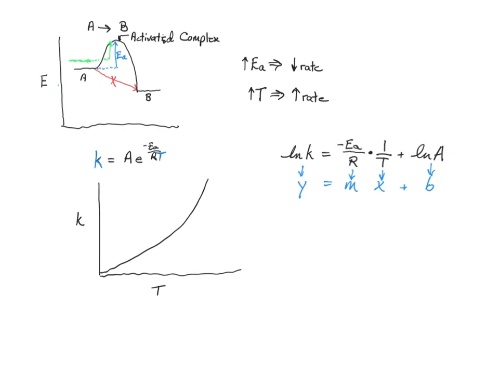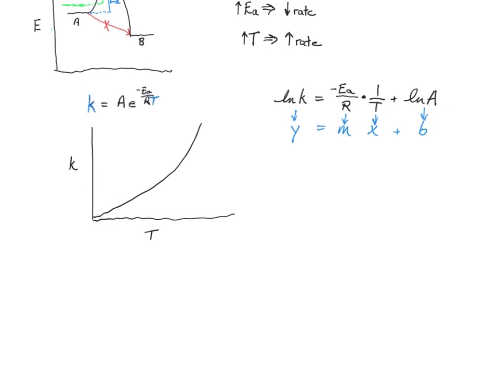And that's what happens here. So what we're going to do is we're going to be using experimental data for the rate constant and for temperature. So what I gave you to use for the experiment were a set of rate constants with corresponding temperatures.